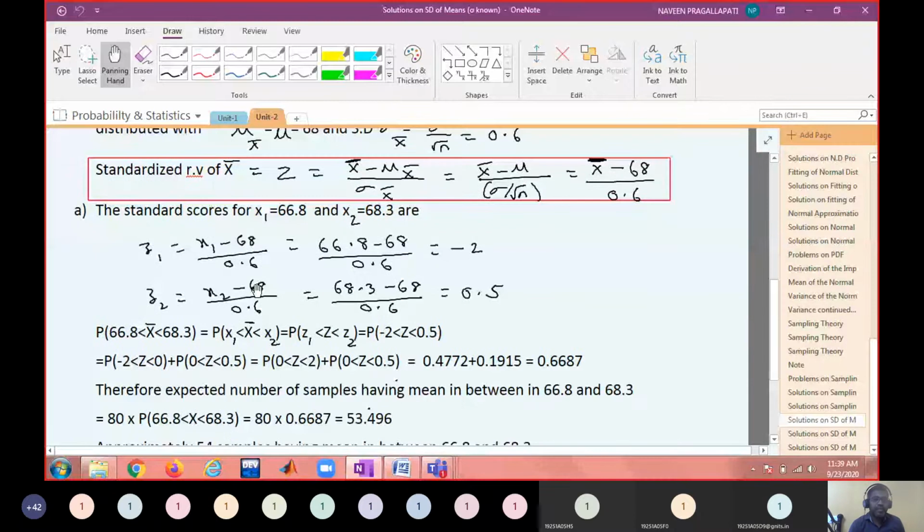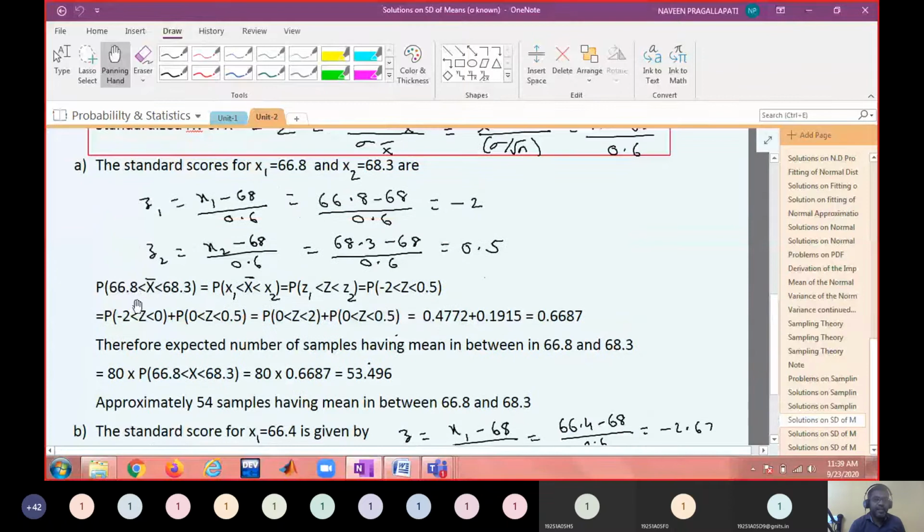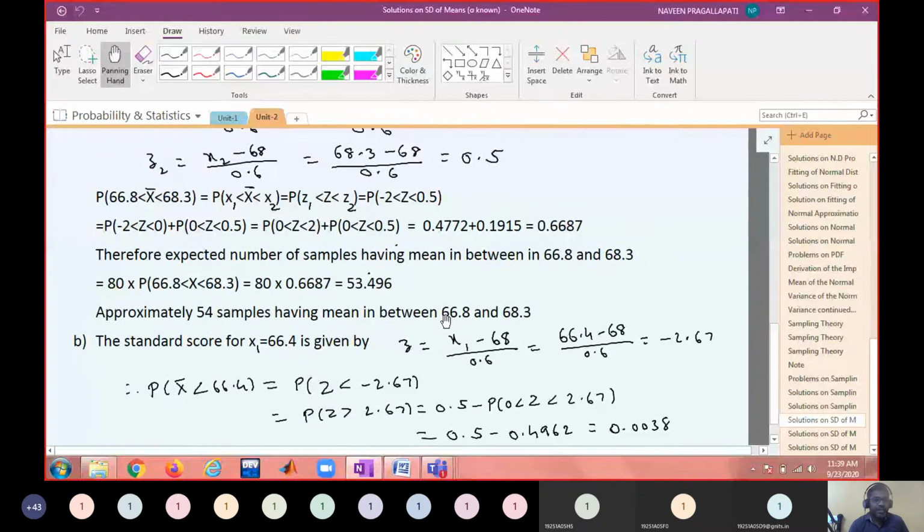So these are the standard scores for 66.8 and 68.3. When you substitute these values here, you will get these z values. Later I computed this normal probability using the standard normal distribution table.